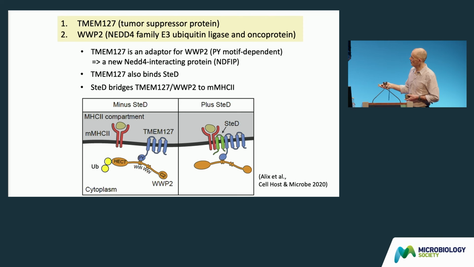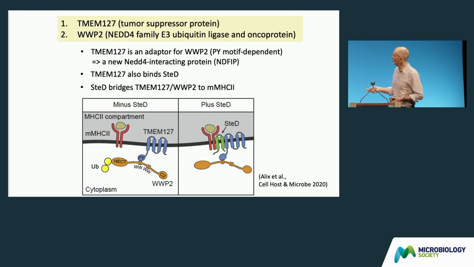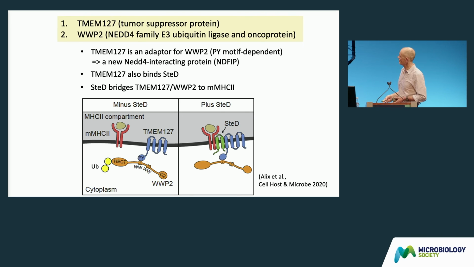It's got this PY motif at the C terminus, that we showed is required for binding to WWP2. And STED, when it's present, brings this complex together with MHC2, and then WWP2 can start to ubiquitinate MHC2 and lead to its internalization and degradation in the lysosome.